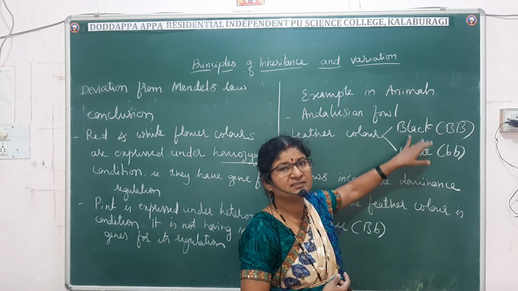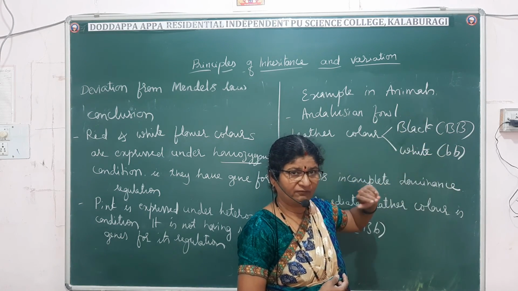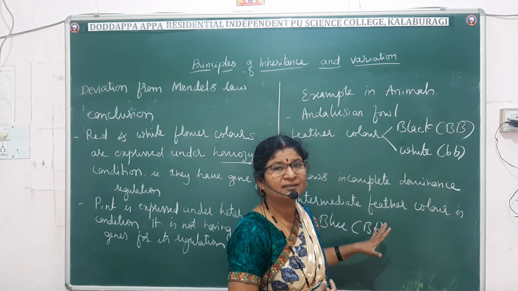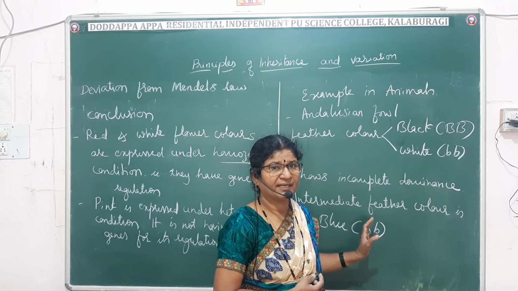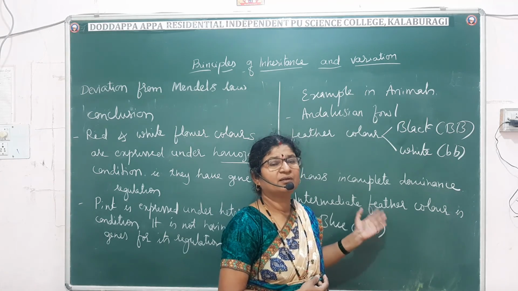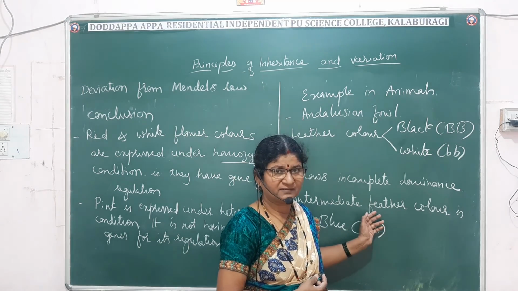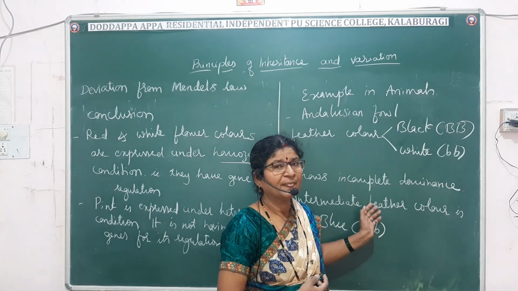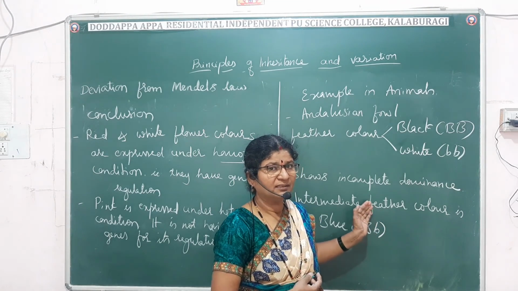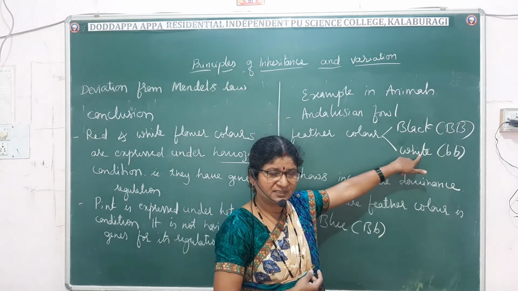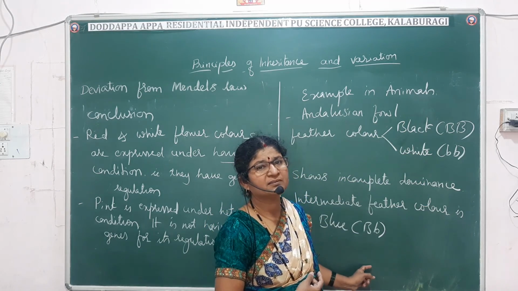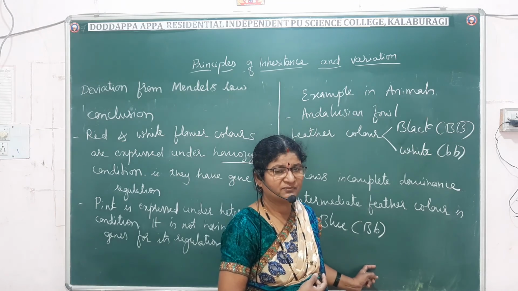When we cross these 2, in the F1 generation we get all blue colored fowls, and when we do self-breeding of F1 to get the F2 generation, you will get 25% black, 25% white and 50% blue colored fowls.